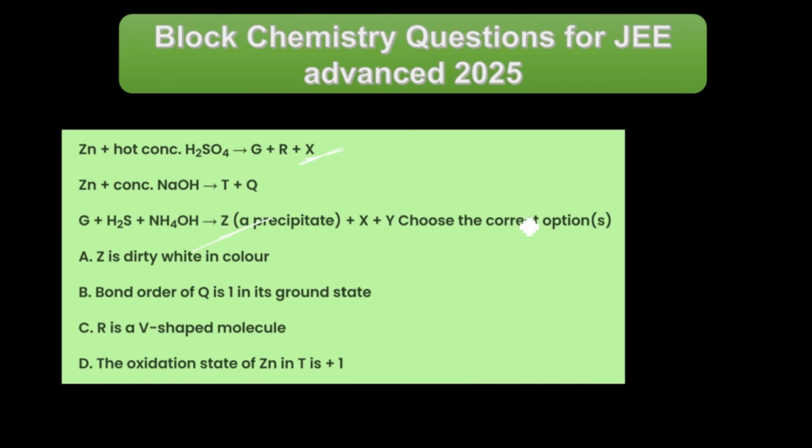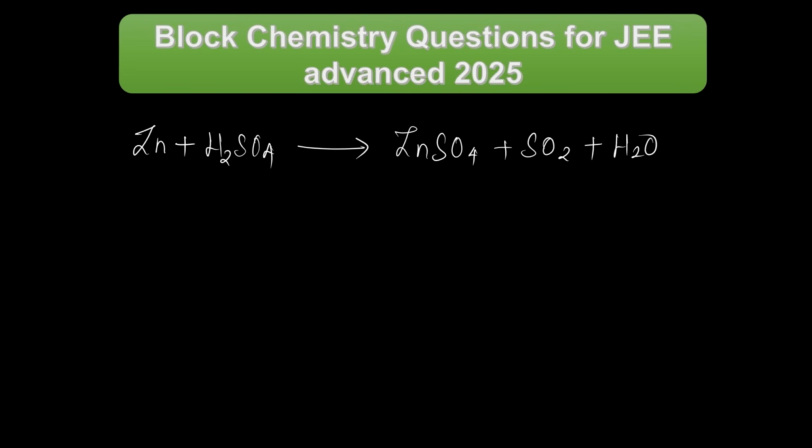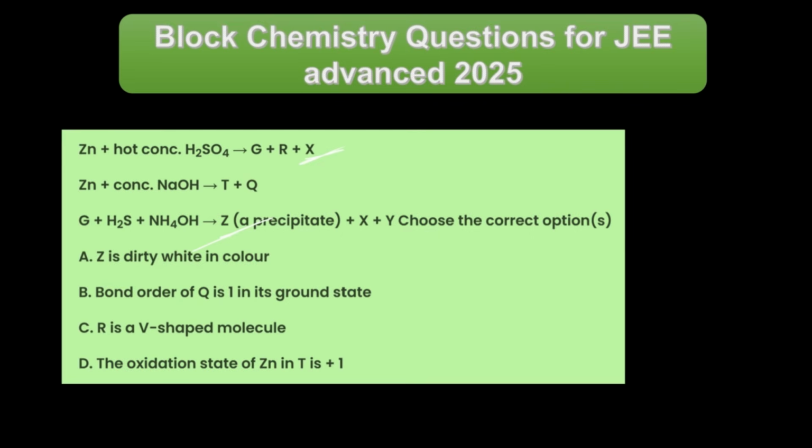So how to go about this type of question? Zinc plus hot concentrated H2SO4 will produce zinc sulfate and SO2 and H2O. They have mentioned G plus R plus X.